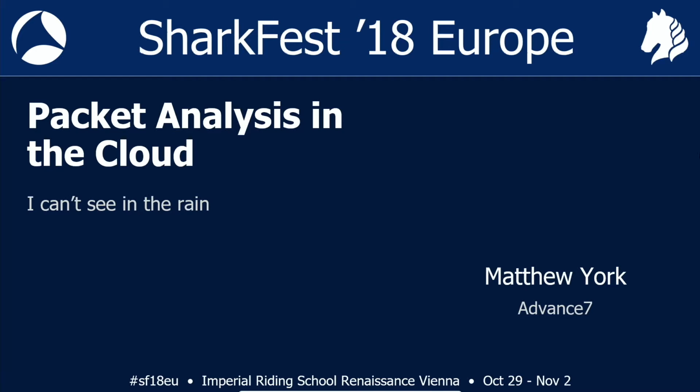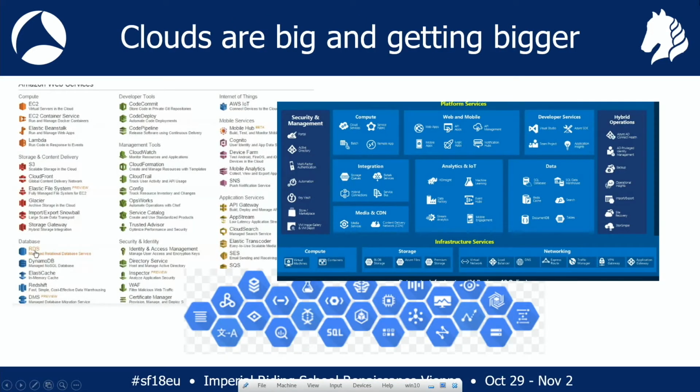So, to give some scope on what we're going to talk about here: clouds are big, they're getting bigger, and there's billions of them. Every single day, all of the clouds add a new service, whether it be something around Internet of Things, messaging, whatever. There's a whole mass of services that all the public clouds provide.